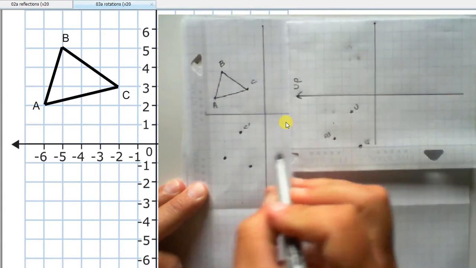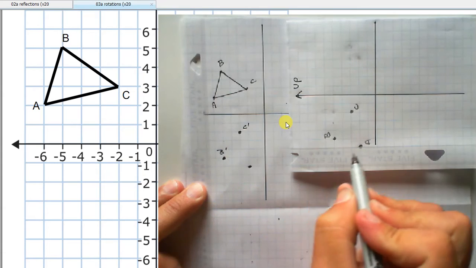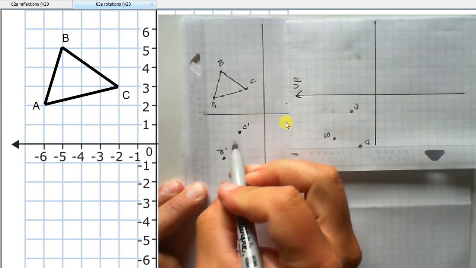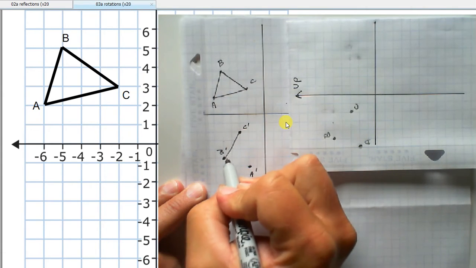C prime, B prime, A prime. There's my rotated triangle.